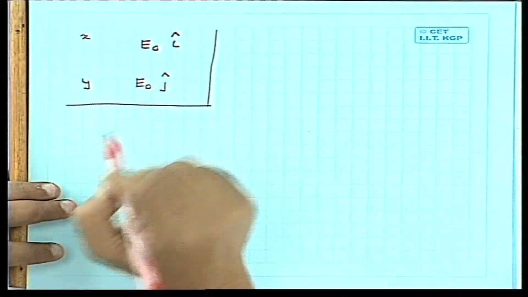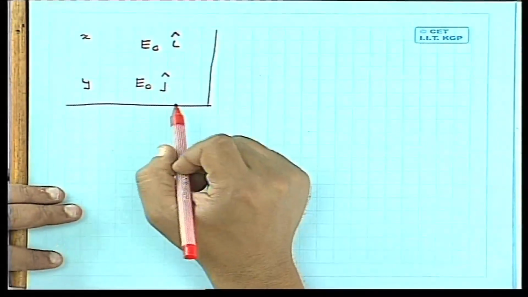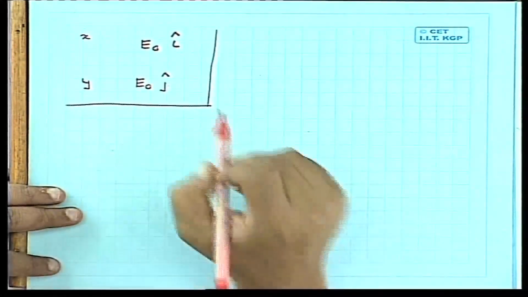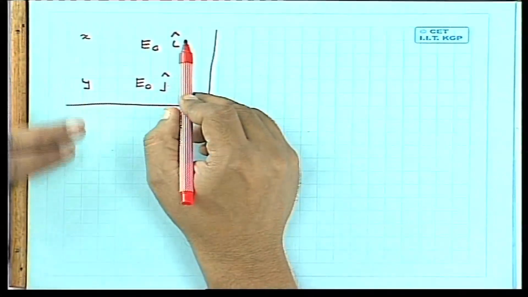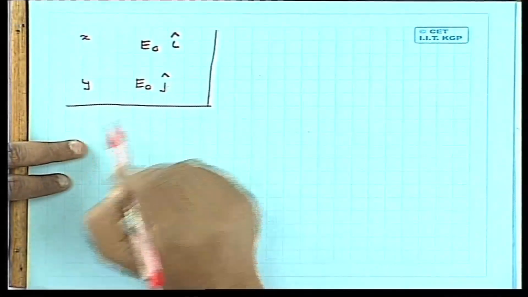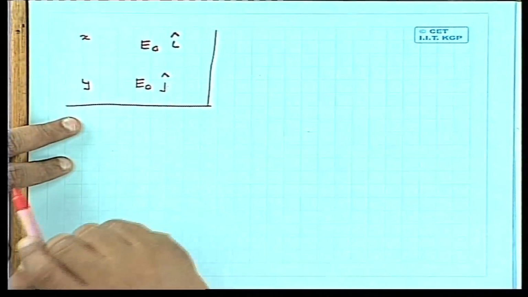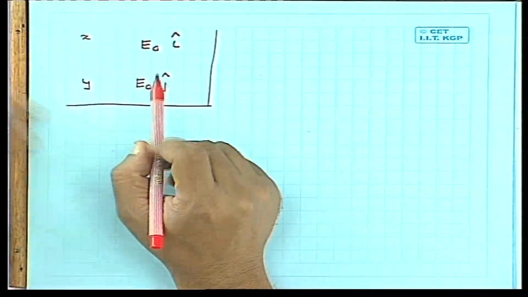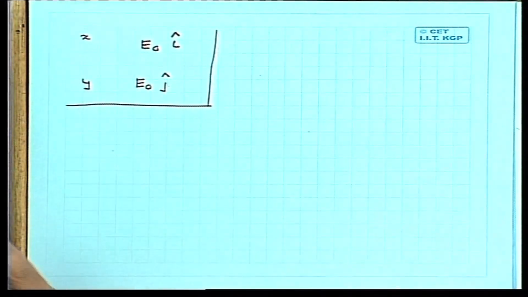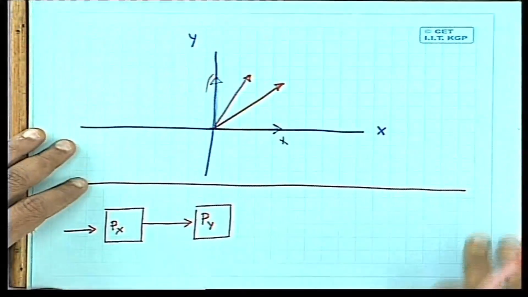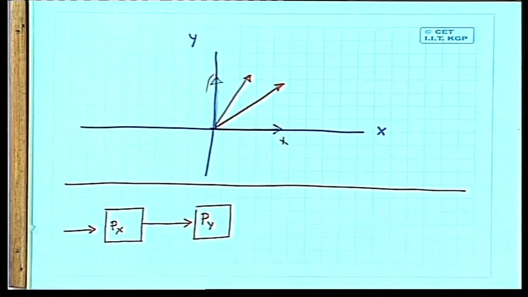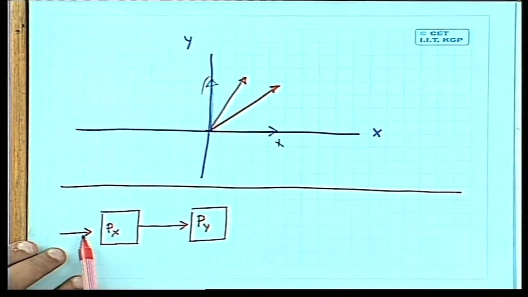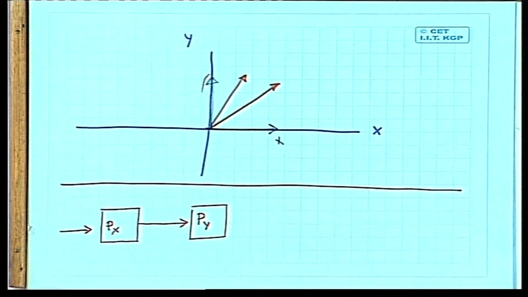And we see that these are two orthogonal situations, in the sense that if the light is polarized along the x-axis and I make a measurement of the y component, then I will get absolutely nothing, which is the situation I have shown here. If you remember, I send the light through a polarizer along the x-axis.